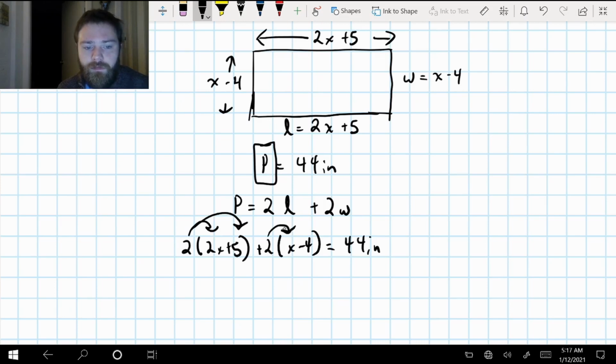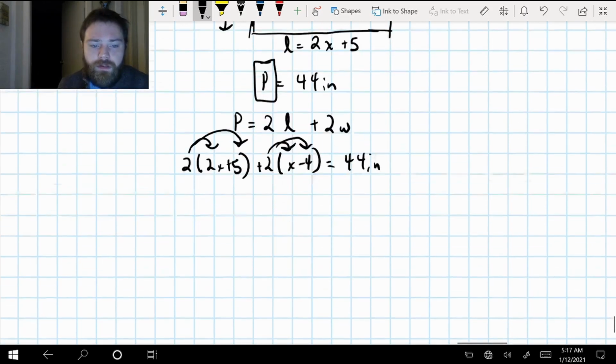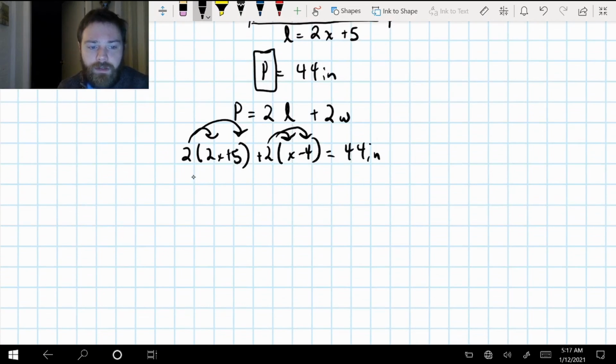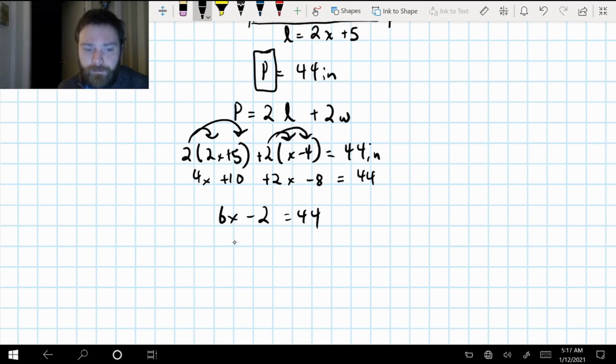So the next line, right, I've got 4x plus 10 plus 2x minus 8 equals 44. And then I start to combine like terms, so 4x plus 2x gives me 6x, and then 10 minus 8 gives me 2. And what I could do is solve this out. So I can add 2 to both sides. So I get 6x equals 42.